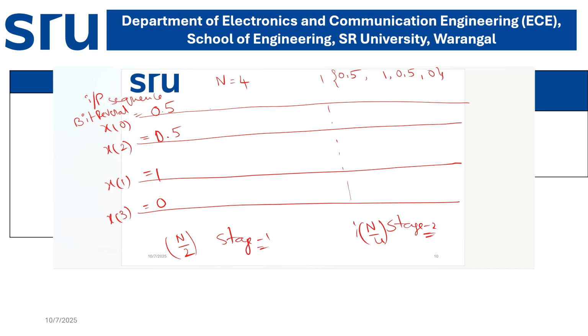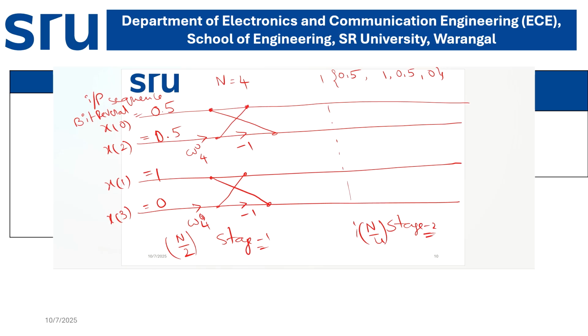Now connect this first line, that is the even line, with the next even line. So this is called a 2-point DFT. For the 2-point DFT, in the first stage we have only one twiddle factor, that is omega 4 power 0. Wherever we have this twiddle factor, the line is connected with -1.